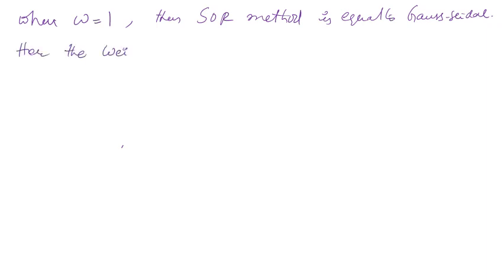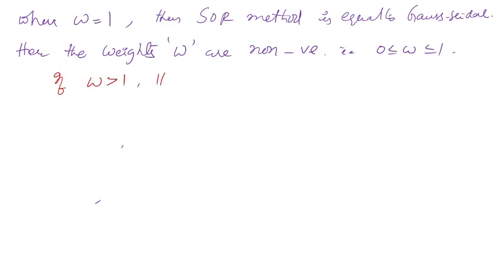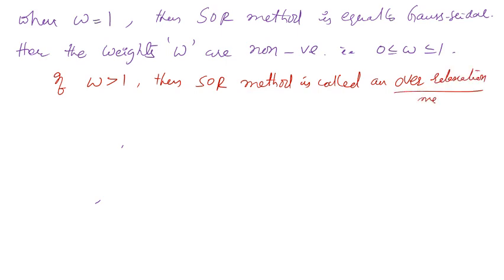The weights omega are non-negative, that is omega lies between 0 and 1. If omega is greater than 1, then the SOR method is called an over relaxation method, and if omega is less than 1, SOR is called an under relaxation method.